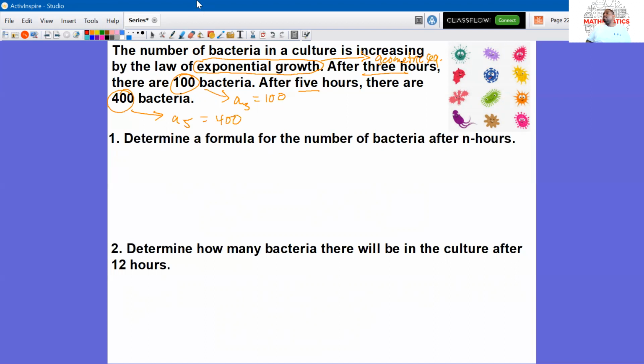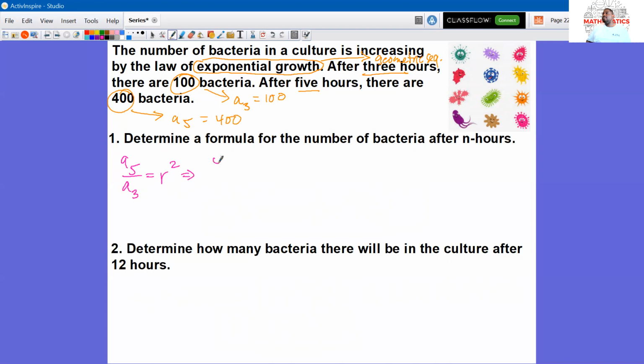Okay. So this is what I know. To get from A3 to A5, I have to multiply R 2 times, right? So what I'm going to do is take A5 divided by A3, and that's going to equal R squared.